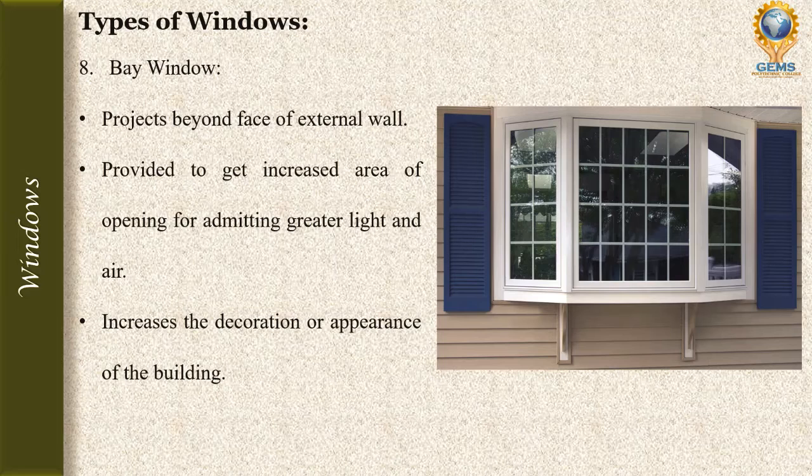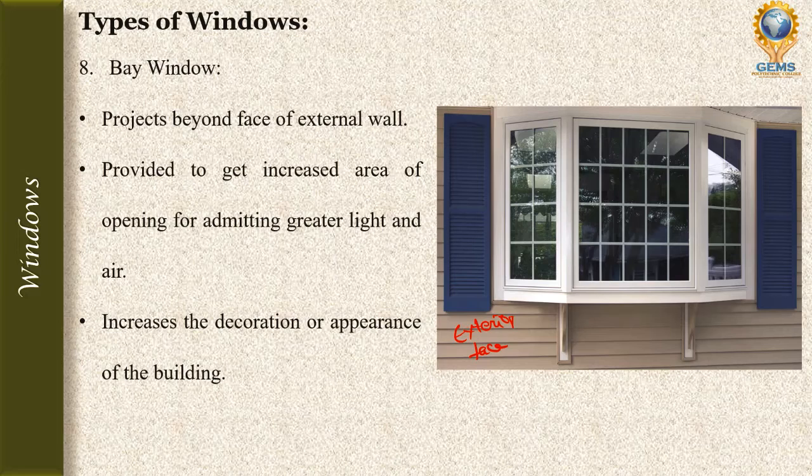The eighth type of window is the bay window. This bay window will project beyond the face of the exterior wall. So this is the exterior wall, and from the exterior wall it will extend beyond that wall and have some space.